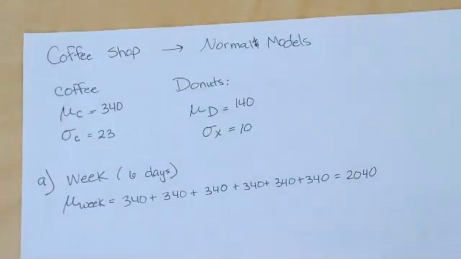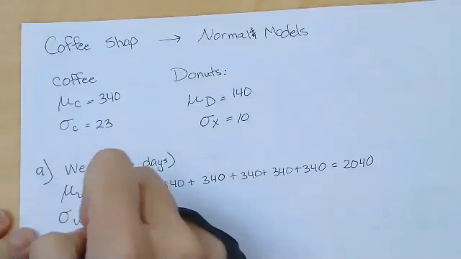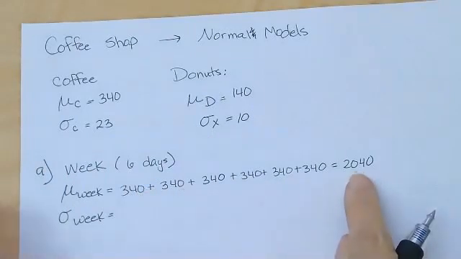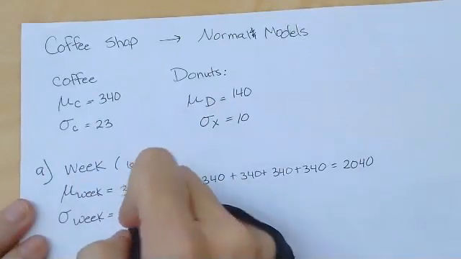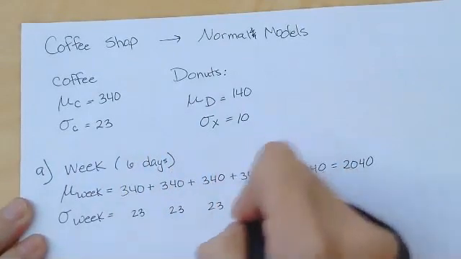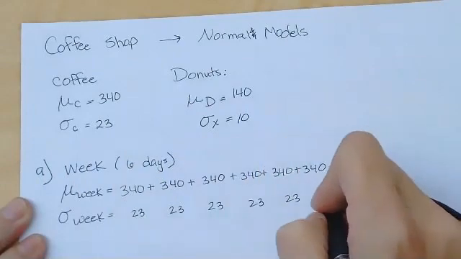Okay, the standard deviation for the week. We now need to do the same thing with standard deviations. The standard deviation was 23 the first day, 23 the second day, 23 the third, fourth, fifth, and sixth day.